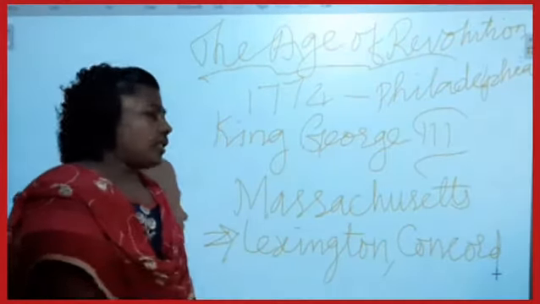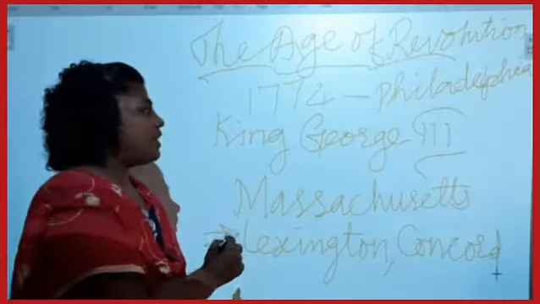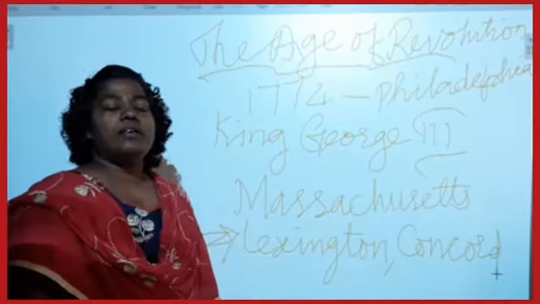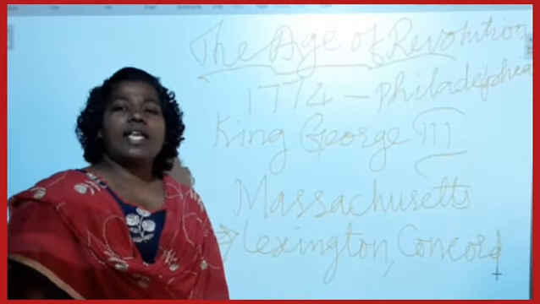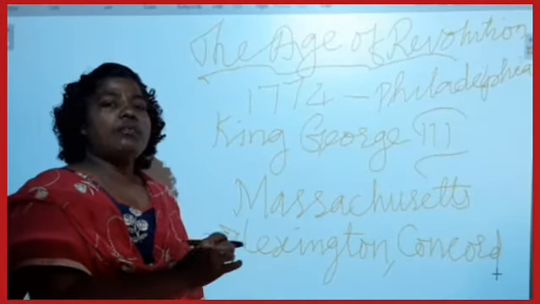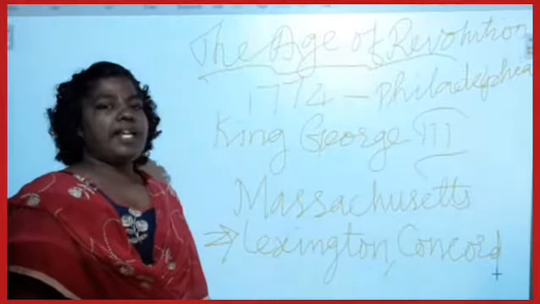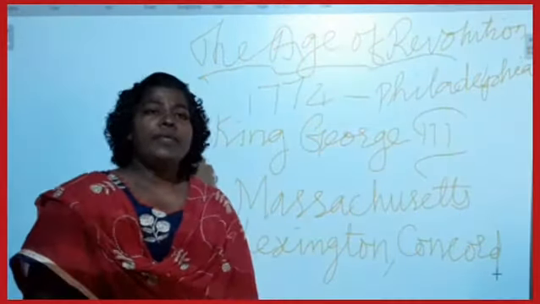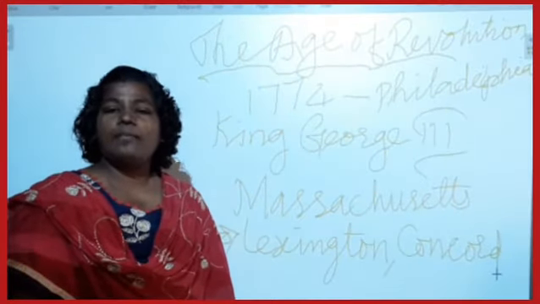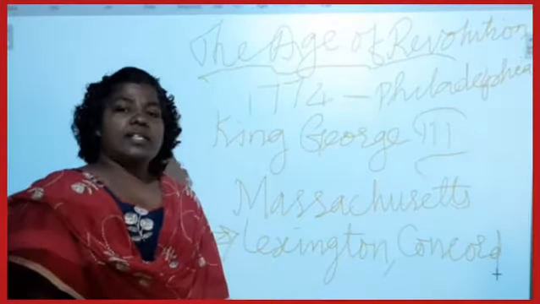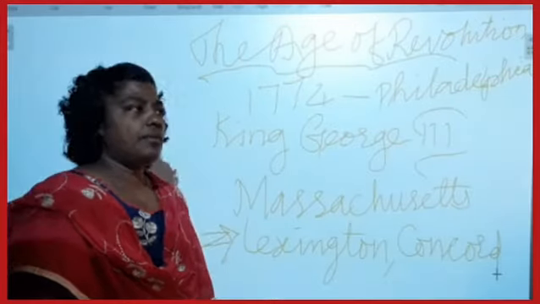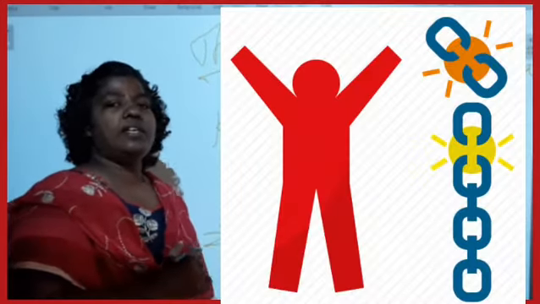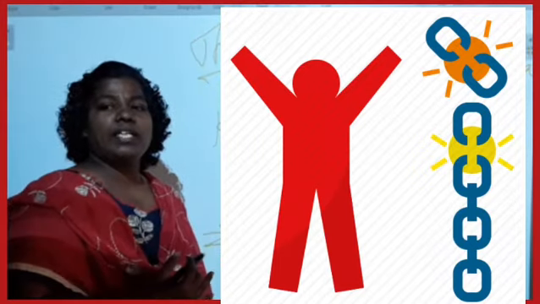And at last what happened? In 1775, the colonies met together for the second time and declared independence against the British rule. According to them, they demanded freedom from the British rule.